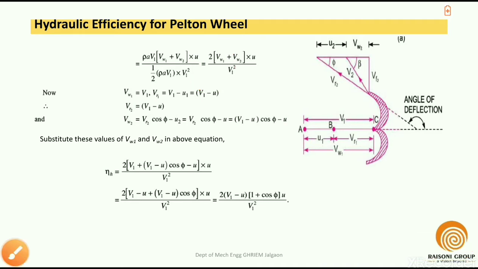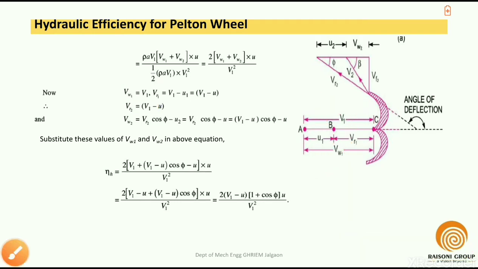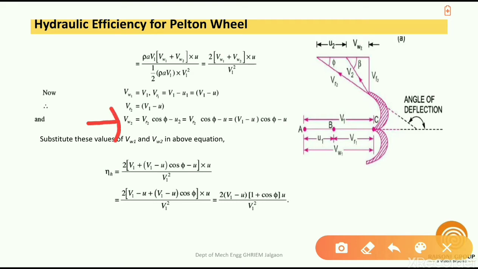We already know that vw1 is equal to v1. From the inlet velocity triangle, v1 and vw1 have the same values, so we can replace vw1 by v1. Now what about vw2? We have already seen this equation: vw2 is equal to vr2 cos phi minus u2, from the outlet velocity triangle using this cos phi.